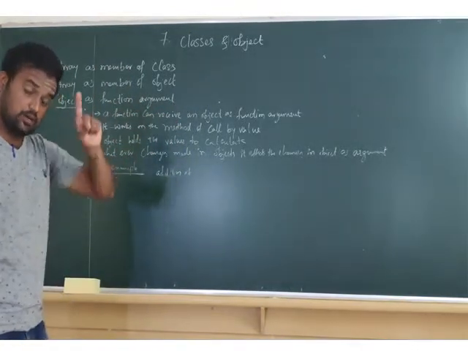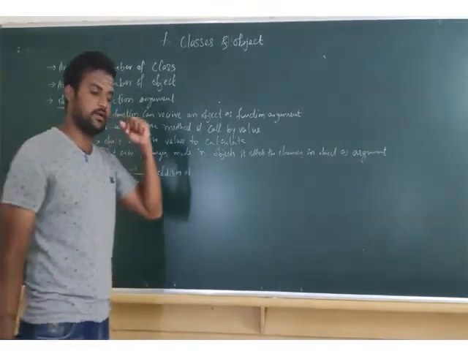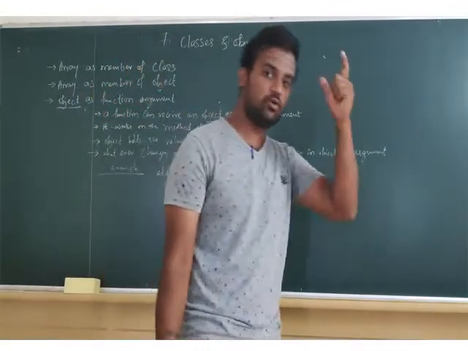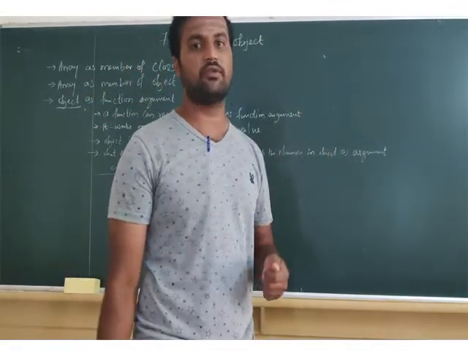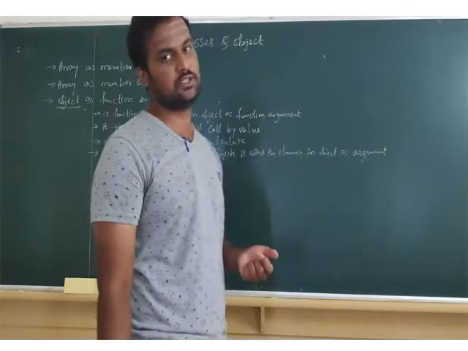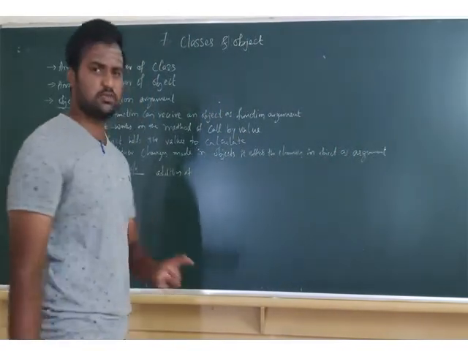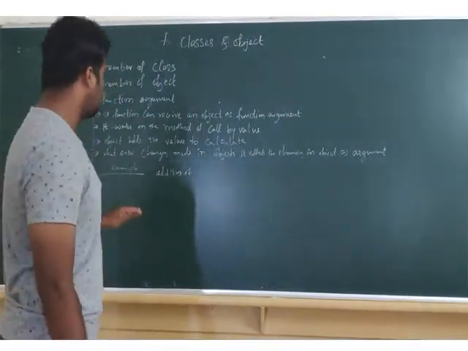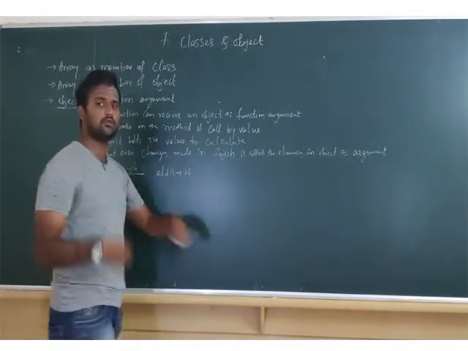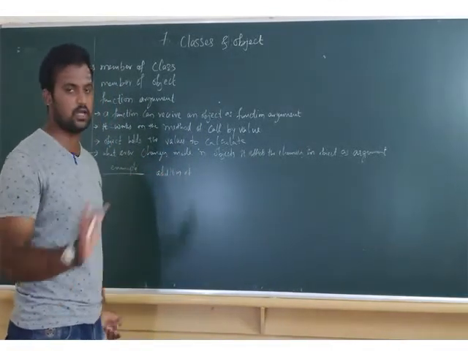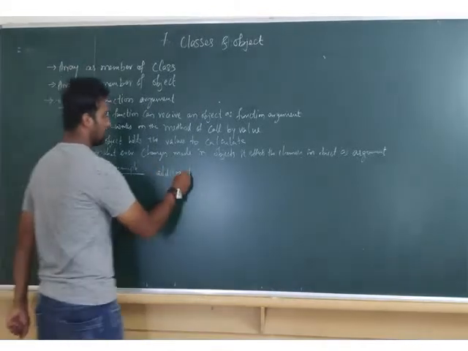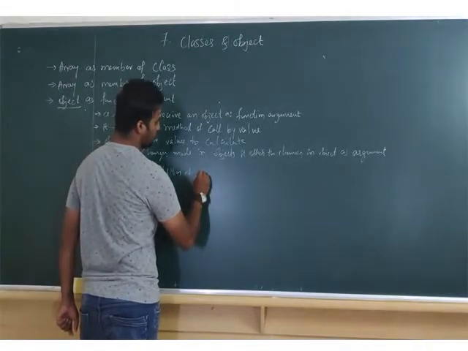For example, somewhere duplication occurs and we want to remove the duplication. At that time you can work with object as function argument. So here, just a small example. Don't take it as if only with this we can solve it, or else it's not possible. Not like that. Okay. Addition of two numbers.